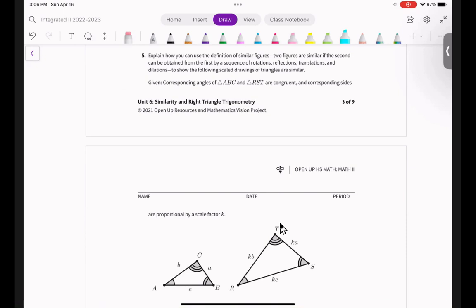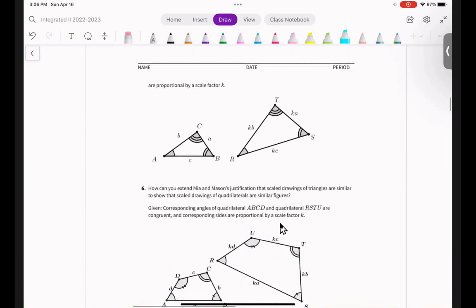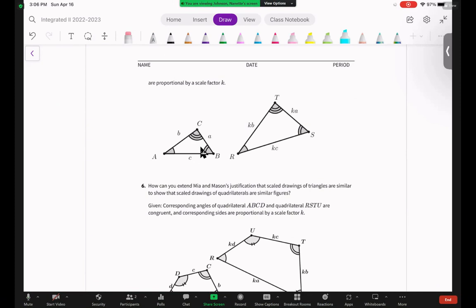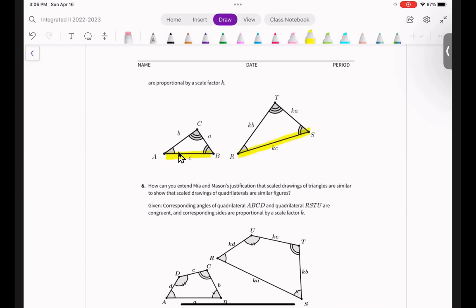So can you see how if I took this one, rotated it just a little bit so that this side would match up with this side, right? And then I dilated this side, so maybe like B was here, something like this.